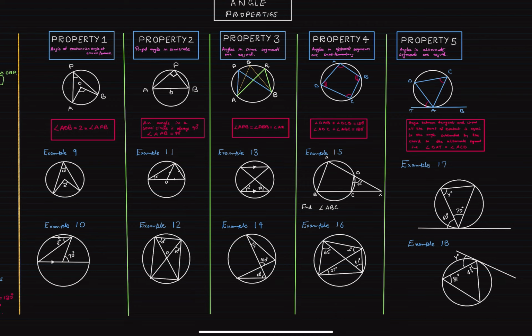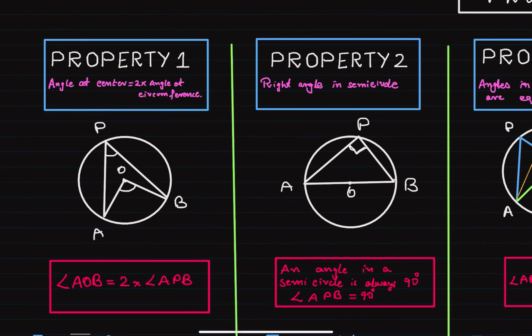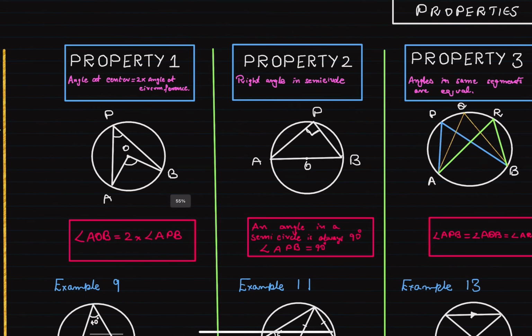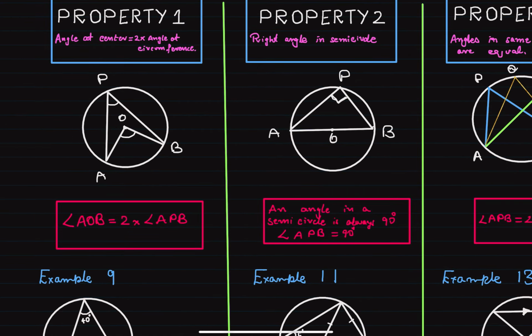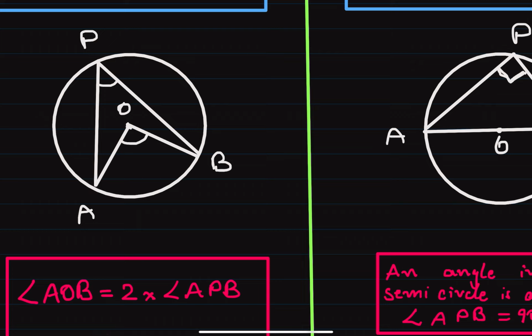Now see, property number 1: the angle at the center is twice the angle at the circumference. If this angle is, let's say, x, then this angle is 2x.